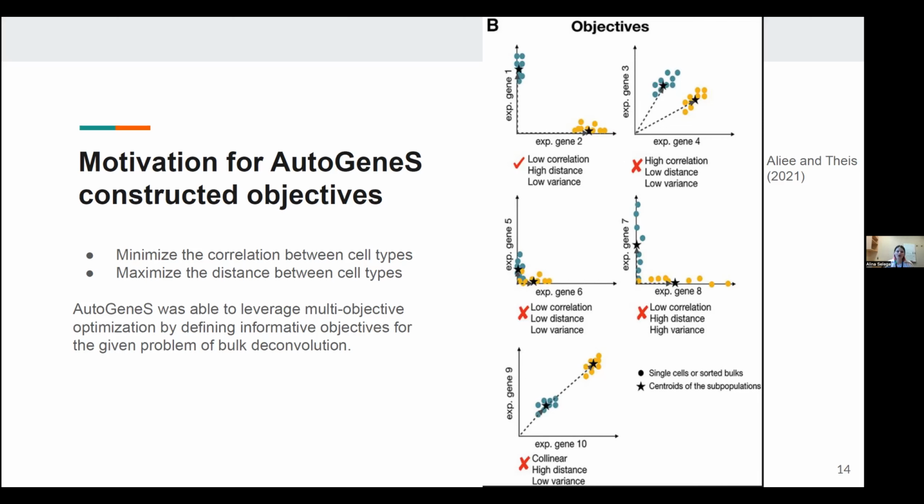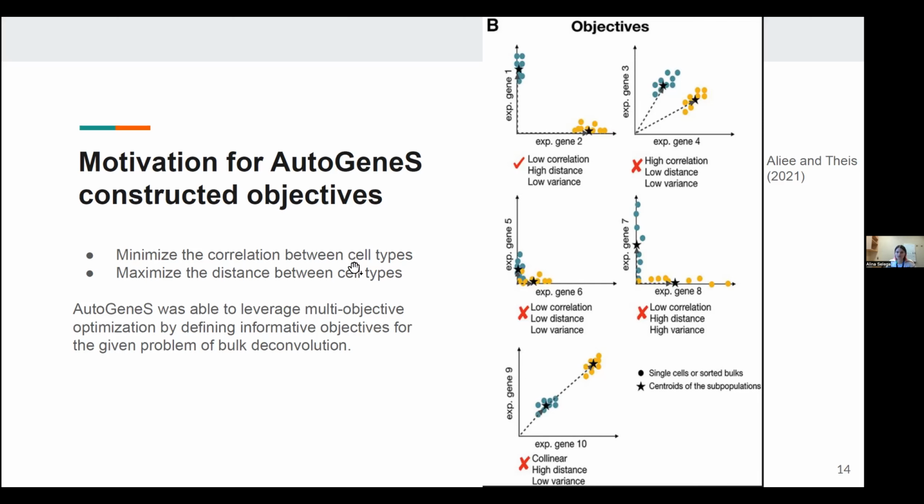what they did. AutoGeneS were able to leverage multi-objective optimization because they were able to construct really well-defined, very informative objectives for this one specific given problem of feature selection in the problem of deconvolution. Now you can actually notice here that they talk about very low variance as a desirable characteristic, right? But they actually decided not to include it as a third objective.